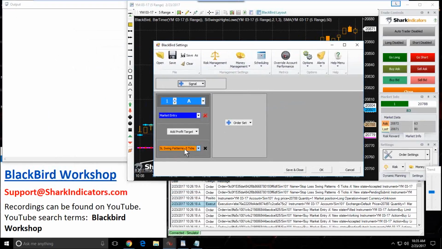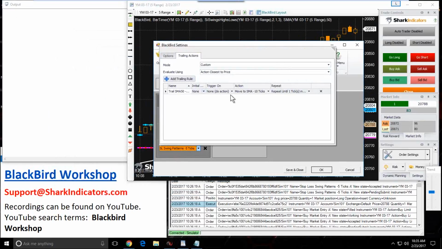So when you have trailing rules set up like this, BlackBird will print to the output window. It'll print all of its decision-making process here.